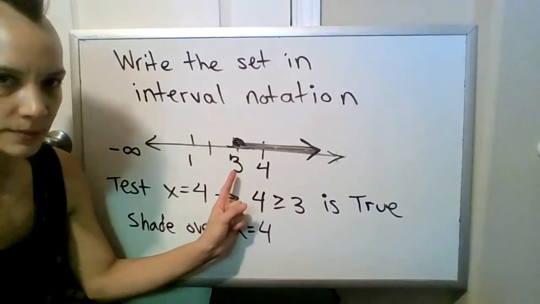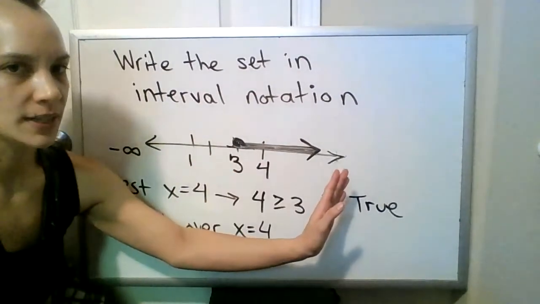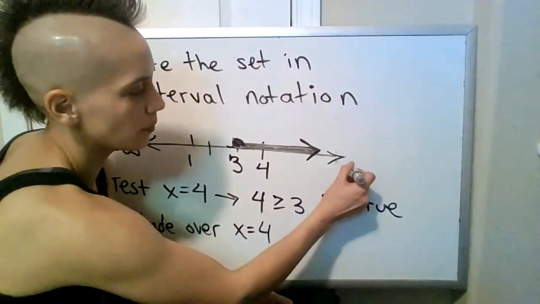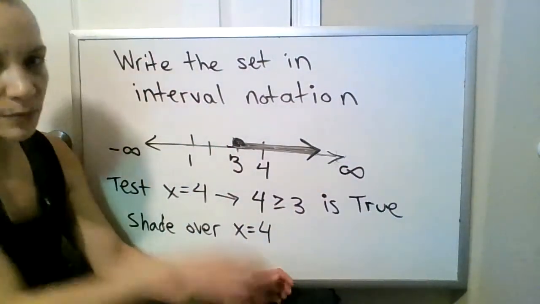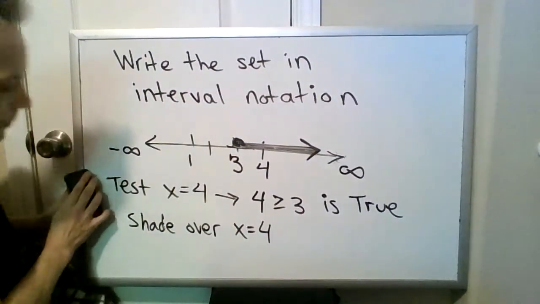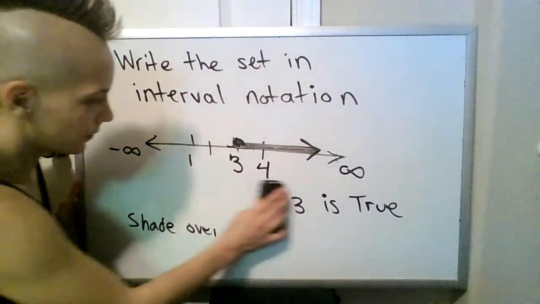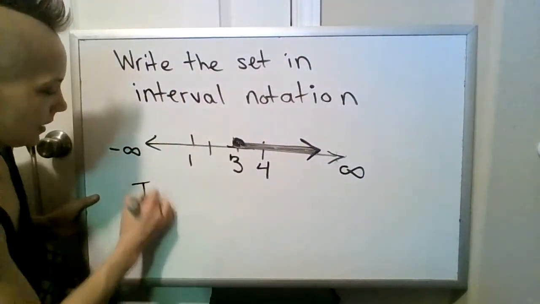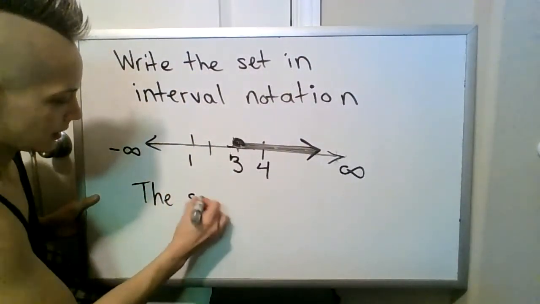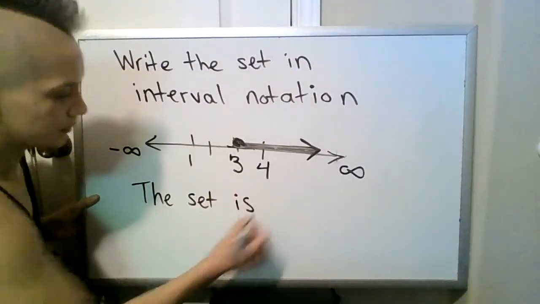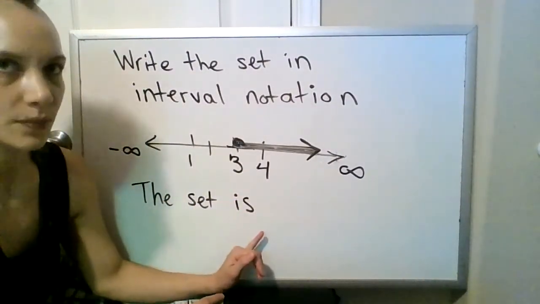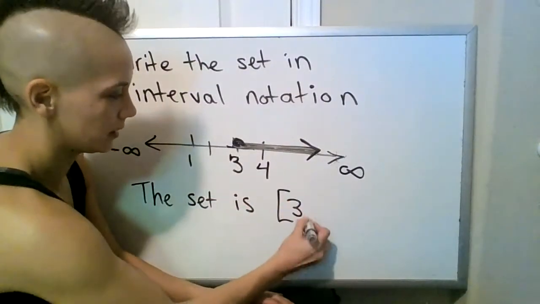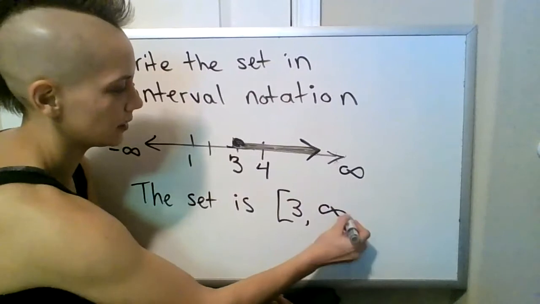This starts at 3. It goes over to positive infinity. Include 3 with a square bracket, but positive infinity is always going to have parentheses on it. So going to start at 3 and include 3. Go over to infinity.